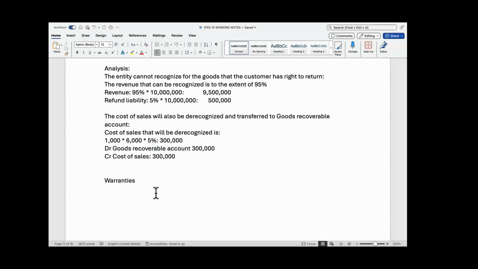Warranties. So now, for warranties, there can be a standard warranty that is usually embedded with a product.